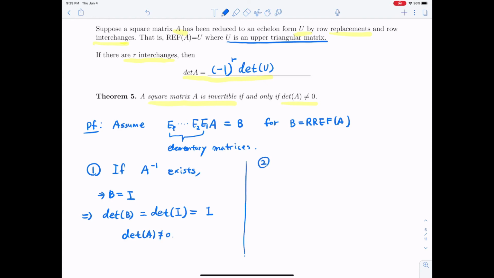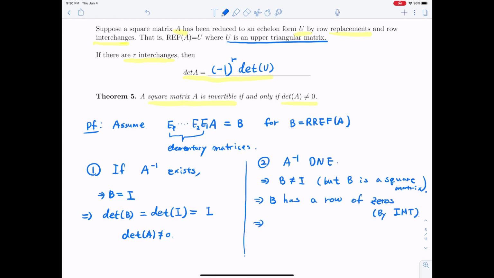Second, if A is not invertible, then B is not equal to I, but we know that B is a square matrix, so the invertible matrix theorem gives you that B has at least one row of zeros, and this tells you the determinant of B equals 0. And indeed, we could expand the determinant of B along the zero row.